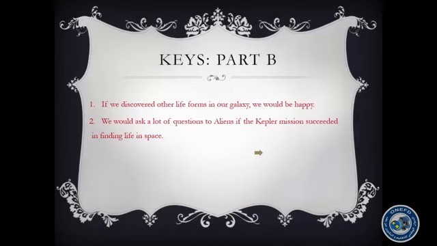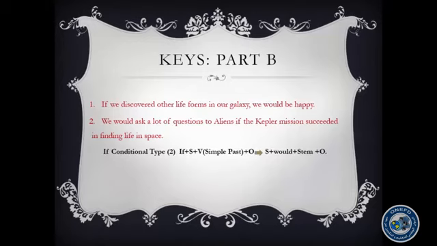Discovered is conjugated in which tense? Yes, it's in the past simple because we have the suffix ed. And the second clause, it's would plus be. So what type of conditional is this? Is it 0 or 1? Yes, it's not 0, it's not 1. It's if conditional type 2.